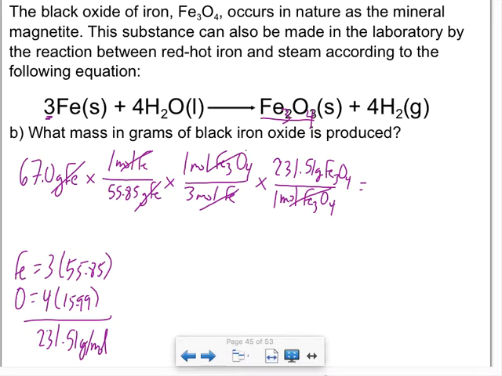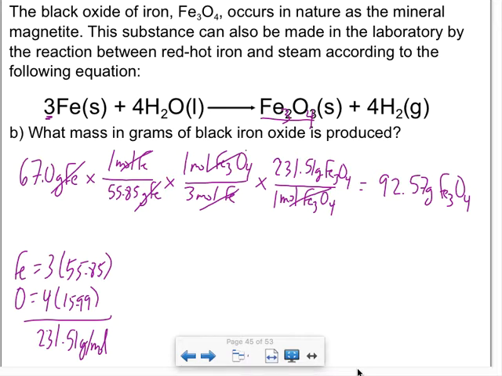So punch it in your calculator: 67 divided by 55.85 times 1 divided by 3 times 231.51 grams gives me a total of 92.57 grams of Fe3O4. So I used my limiting reactant, and I figured out how much product I can actually make with it.